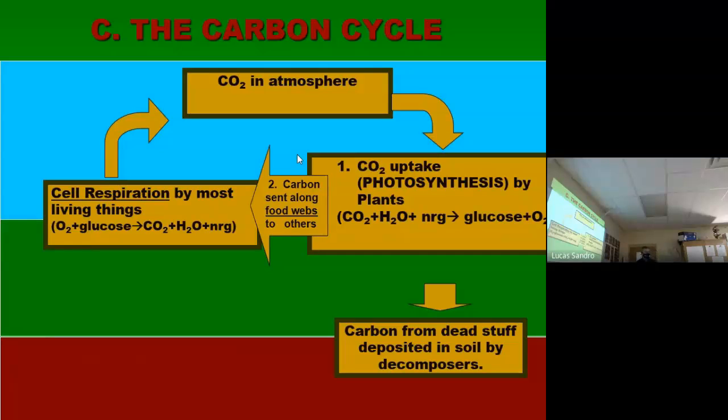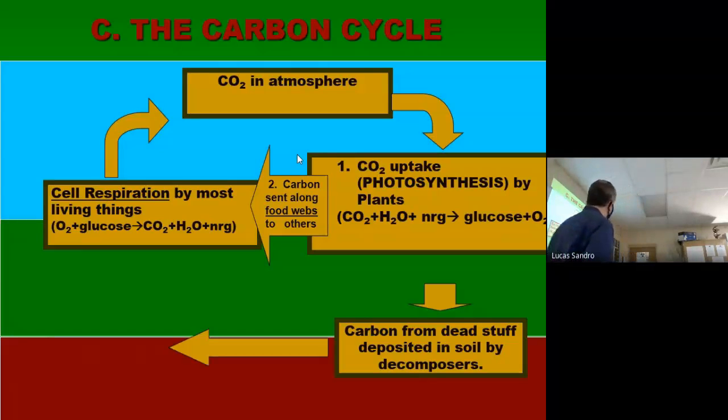Has been building up for 3.7 billion years since the very first living things existed on Earth. And there's only certain ways that carbon gets released back into the atmosphere as CO2. There's only certain ways it gets back.